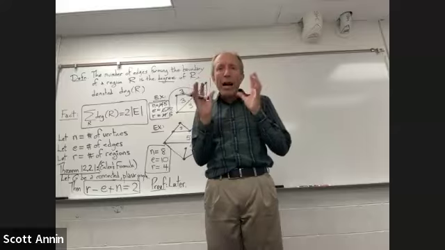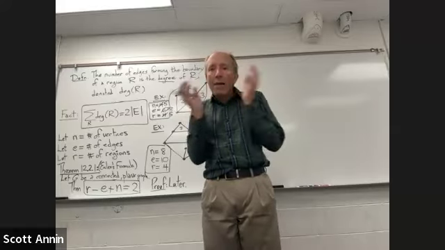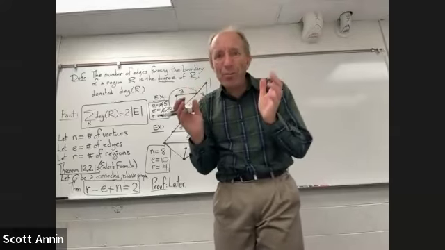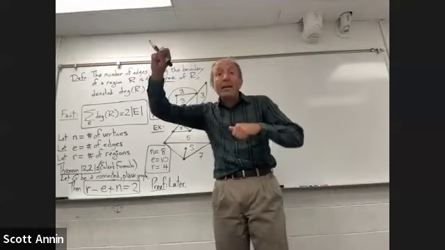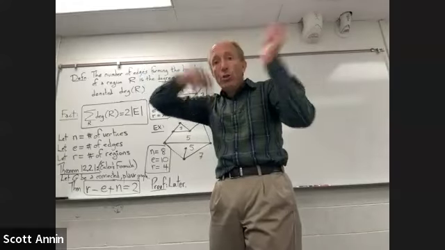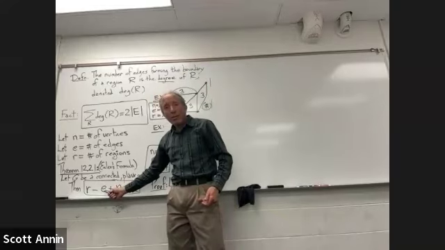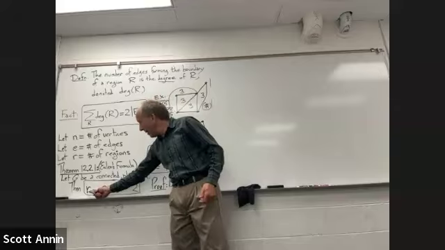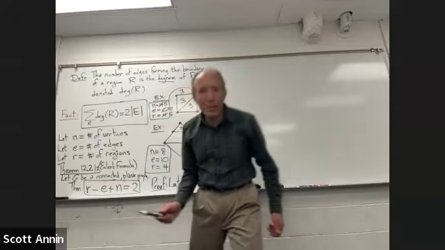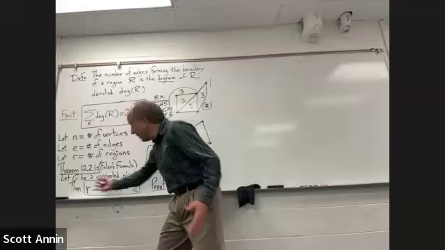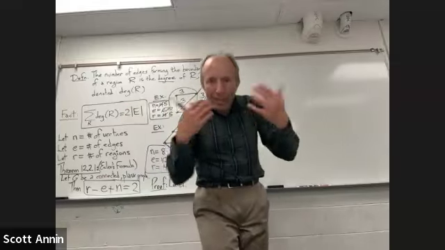You take a graph that's not got very many vertices, edges, or regions, and then you start adding edges to that graph. And every time you add an edge, which means you're subtracting one more value here, you're either going to make one more region or make one more vertex, right? So you balance the left side of the equation every step of the way.